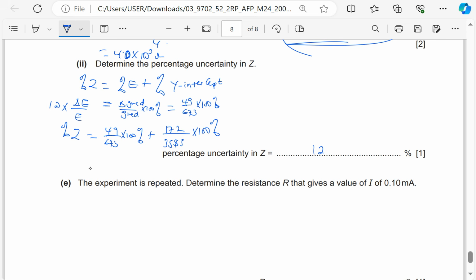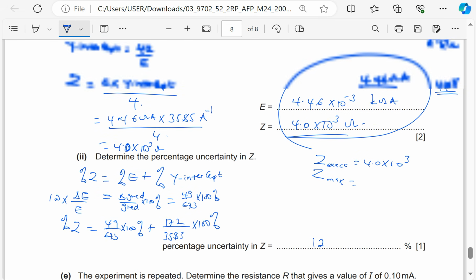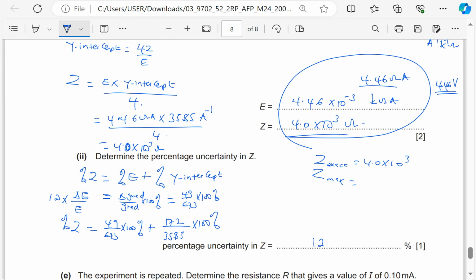You could also use another method where you get Z. You have the Z value here, the Z for the exact value, 4.0 times 10 to the power of 3. Then you can get Z maximum, where you'll use E maximum.